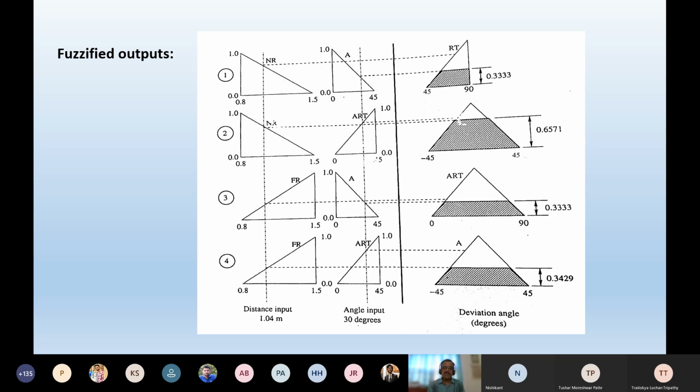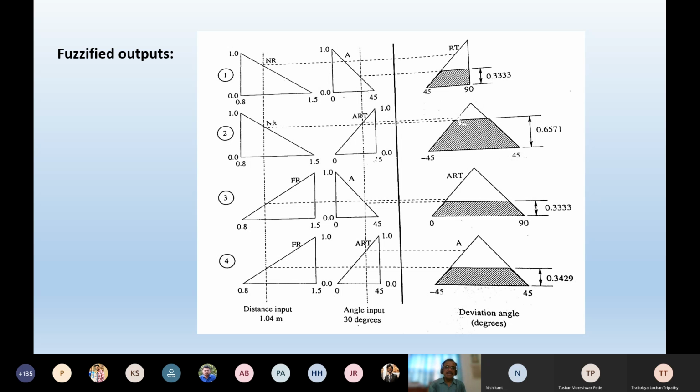Similarly, this is the third fired rule and this is the fourth fired rule. Now I'm discussing the Mamdani approach. I'll pass one set of inputs, that is the distance input 1.04 meter and the angle input 30 degrees. Corresponding to this 1.04, you draw one vertical line here. Corresponding to your 30-degree angle, you draw one vertical line here.